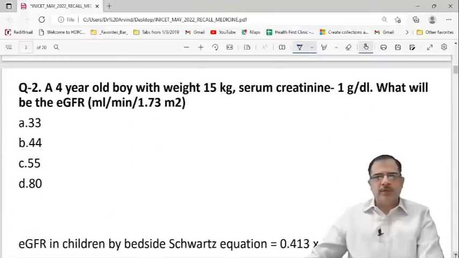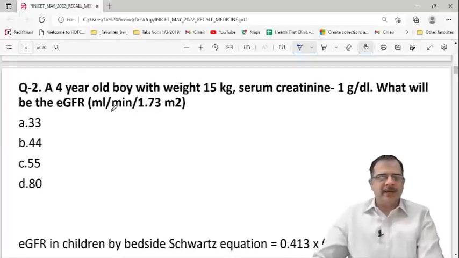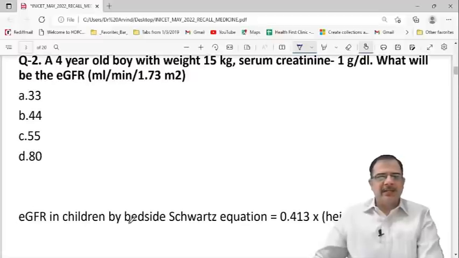Question number 2, a 4-year-old boy with a weight of 15 kg, serum creatinine is 1. What will be the GFR? So the GFR will be estimated by the bedside Schwartz equation, which is 0.413 multiplied by height in centimeters divided by serum creatinine in milligram per deciliter.